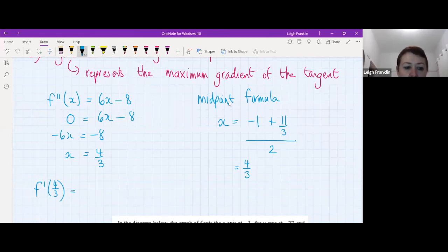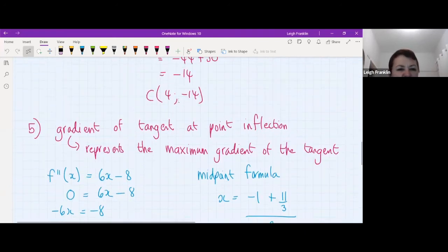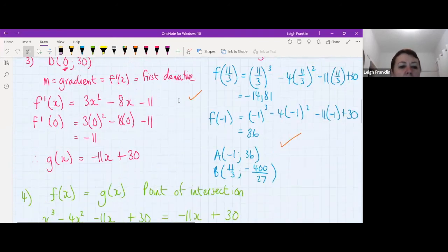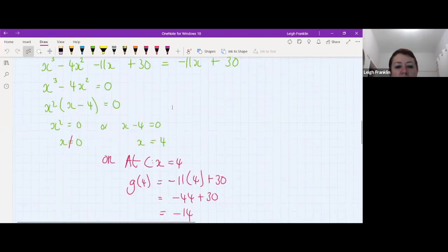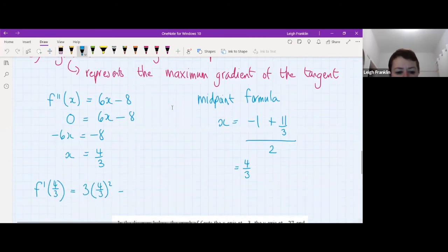So this is 3 times (4/3) squared minus 8 times 4/3 minus 11. Okay, and now we want to work out the answer to that.